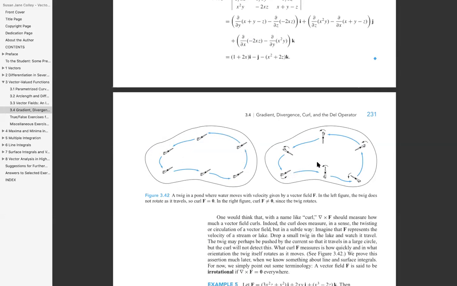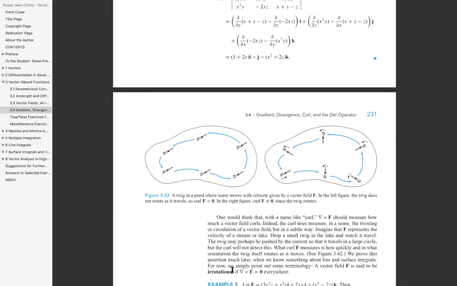However, if there is a rotation in the vector field, when the object flows along the line, it changes orientation. It points to a different location along the line. This is described by the curl of this vector field.